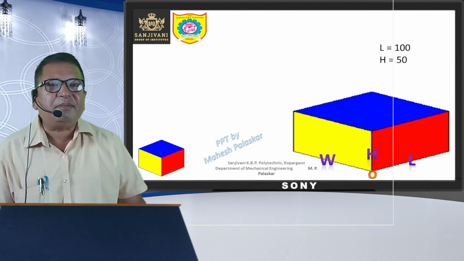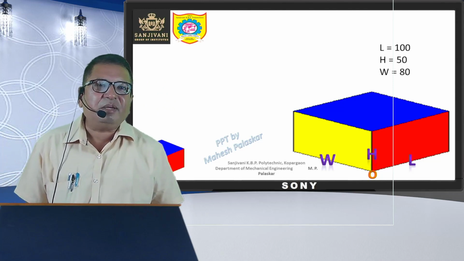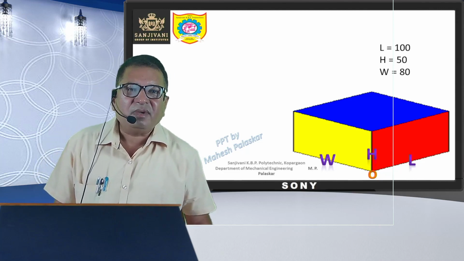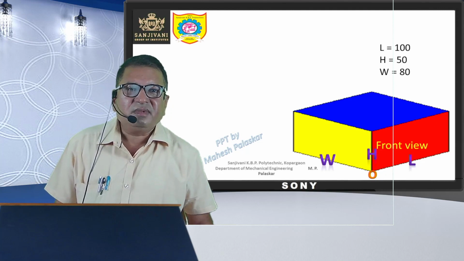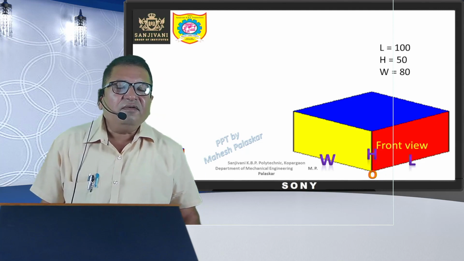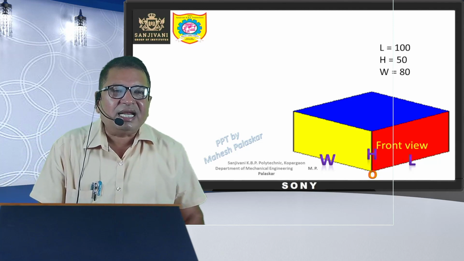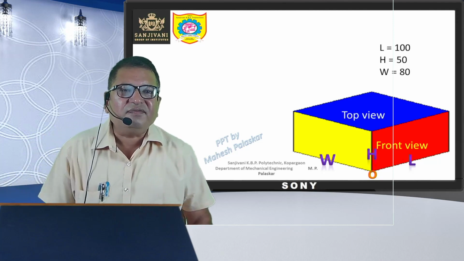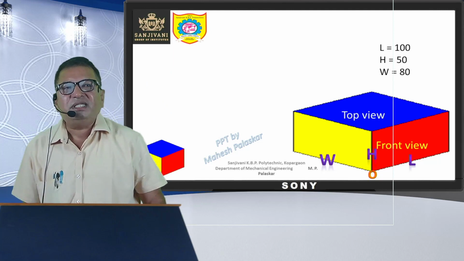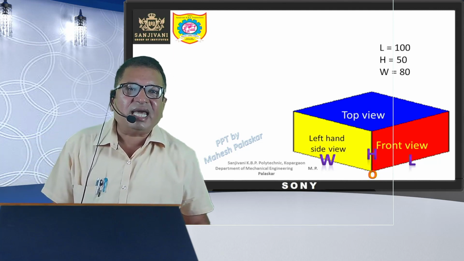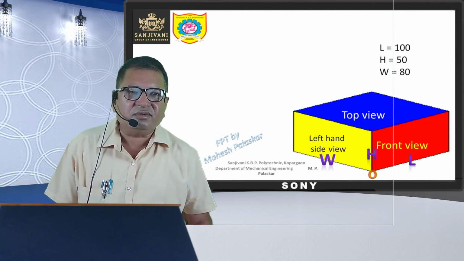Let us assume the dimensions: length 100 mm, height 50 mm, and width 80 mm. Now the red color portion will be seen as the front view, the blue color portion will be seen as the top view, and the yellow color portion will be seen as the left hand side view.